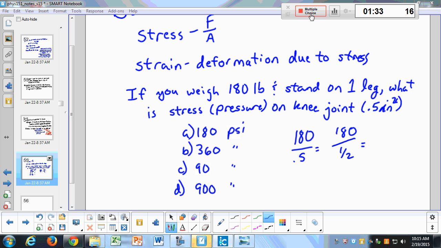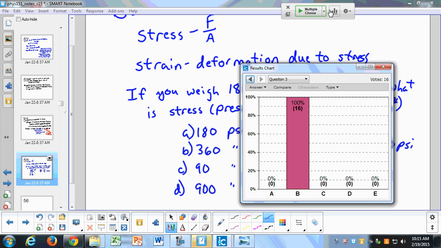So 180 over a half is equal to 360 psi. So you get a pressure or a stress on your knee joint of 360 psi. A lot of you are putting 90. You were thinking 180 over 2 is 90, but 180 over a half is actually 360.